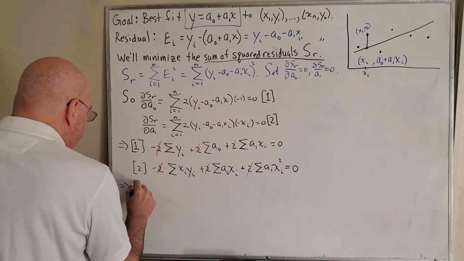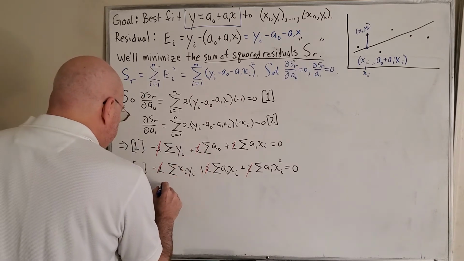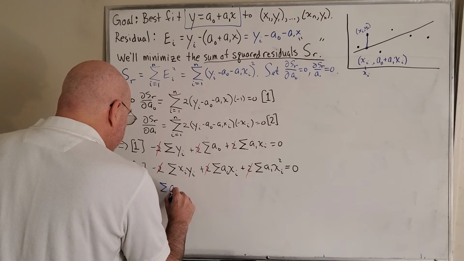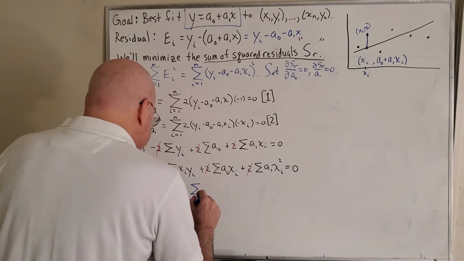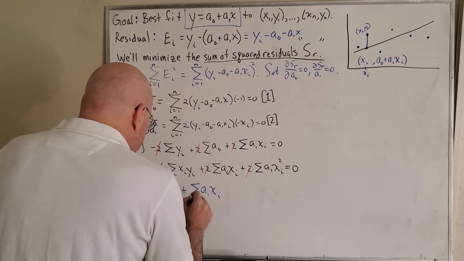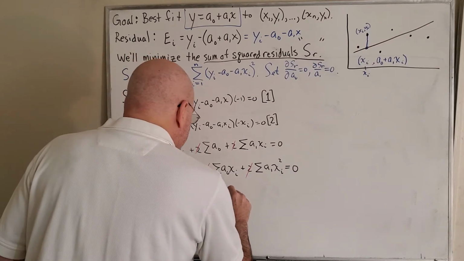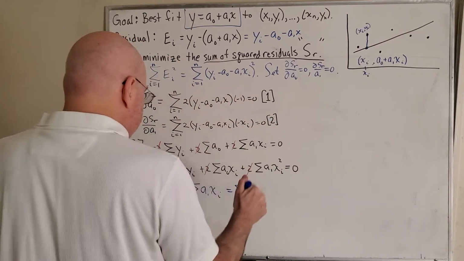So equation number 1 now becomes, let's see, the sum of the A0's plus the sum of the A1 xi's is equal to the sum of the yi's.